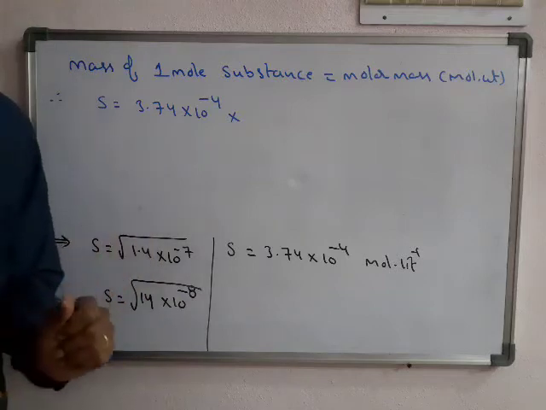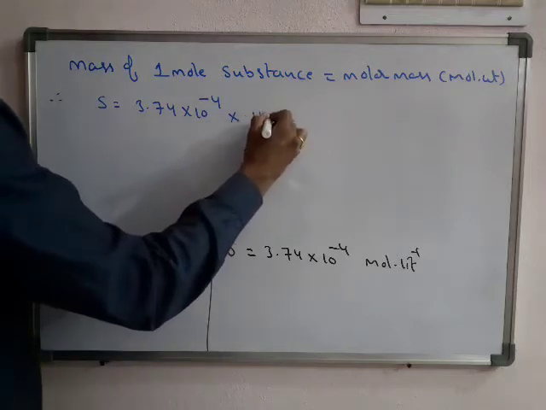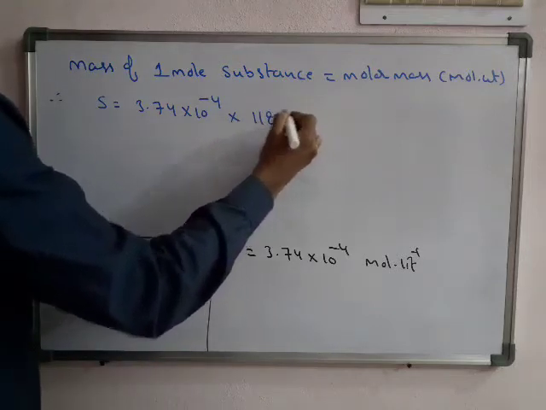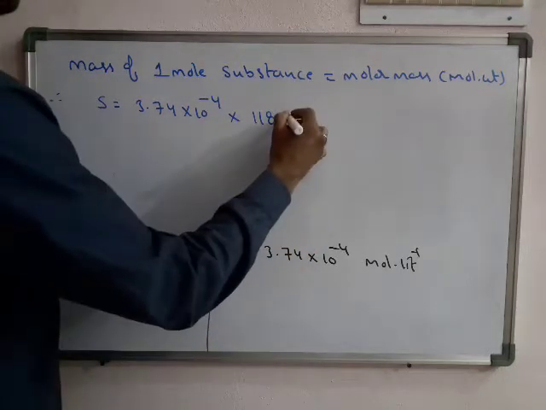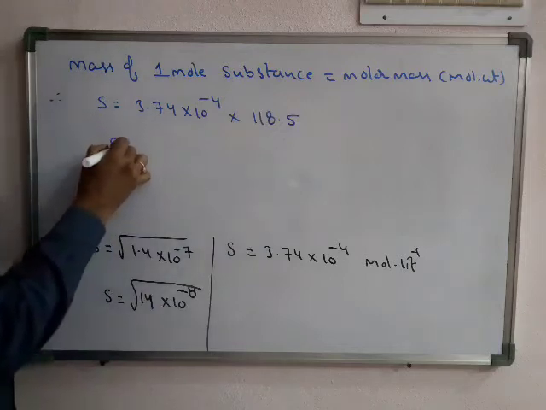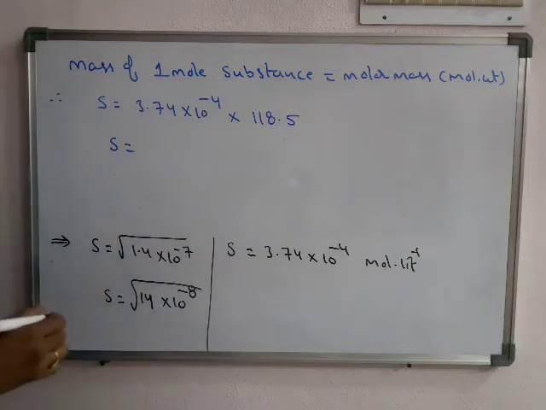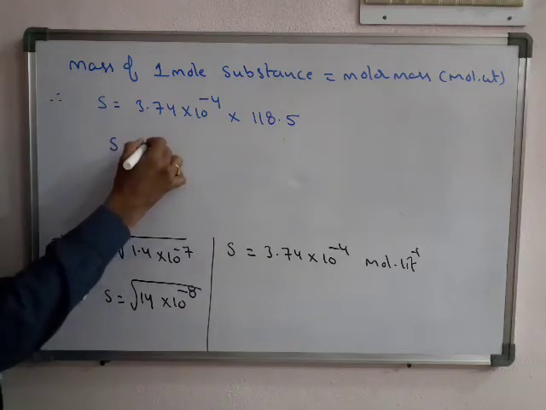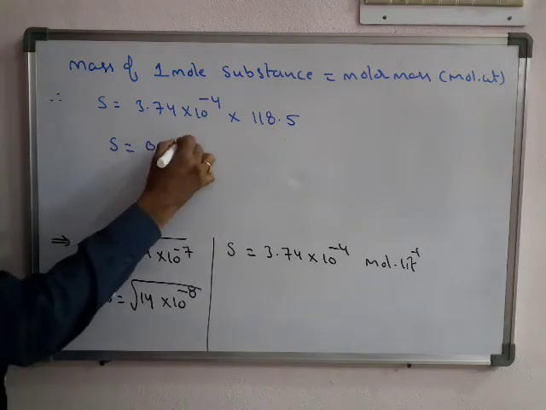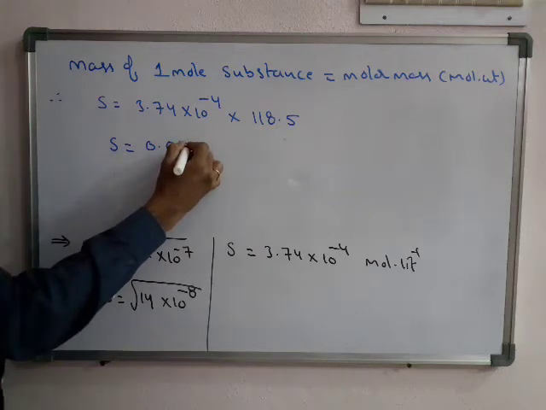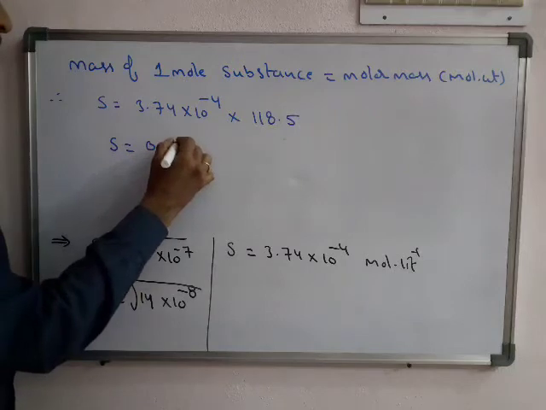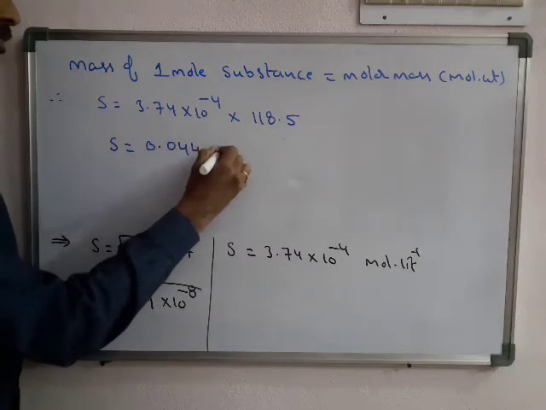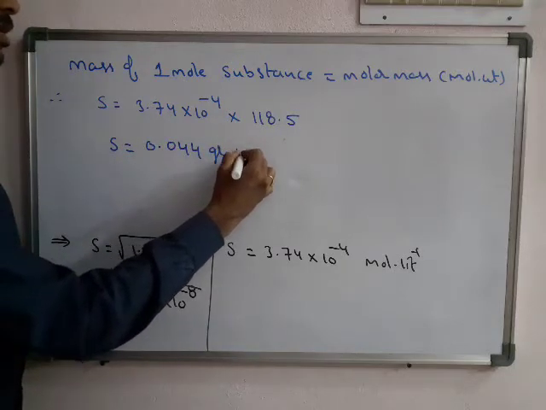Nickel carbonate mass is 118.7. Generally we use 118.5. On this overall calculation, we will get 0.04 grams per liter.